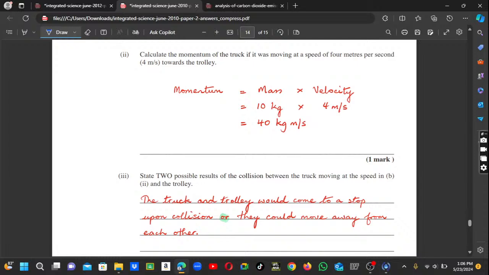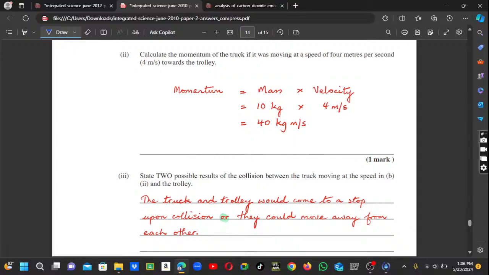We are talking about 10 kilograms, so 10 kilograms times 4 meters per second. Here we can see 10 times 4, and this is how we get 40. So that will be 40 kilogram meters per second.